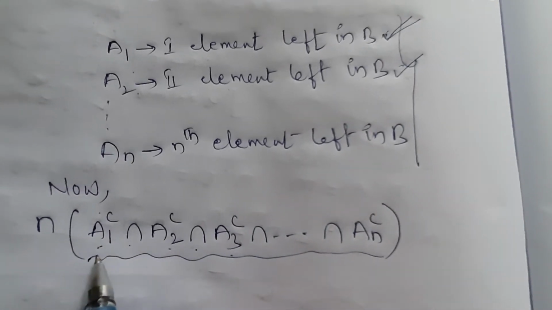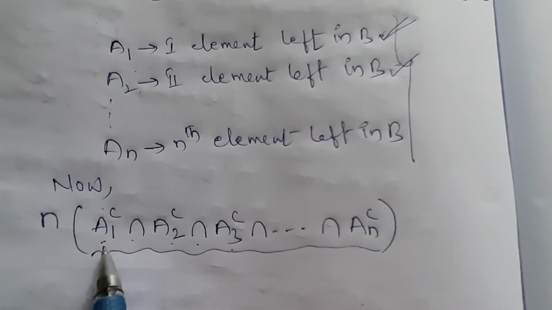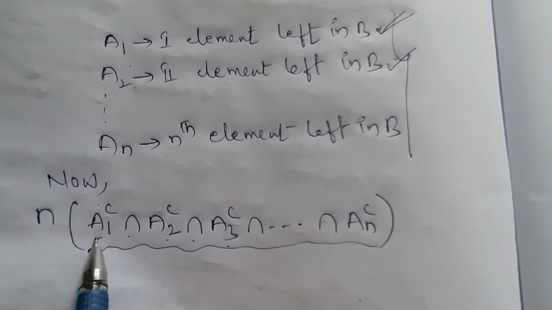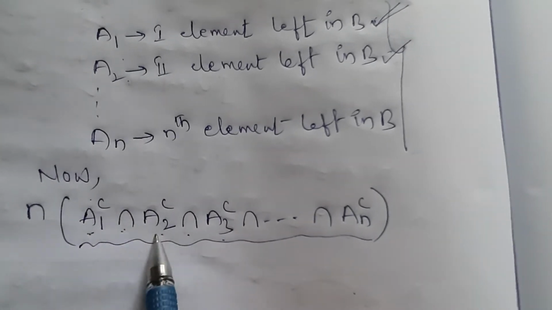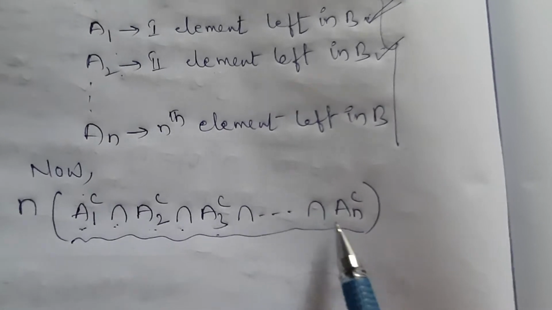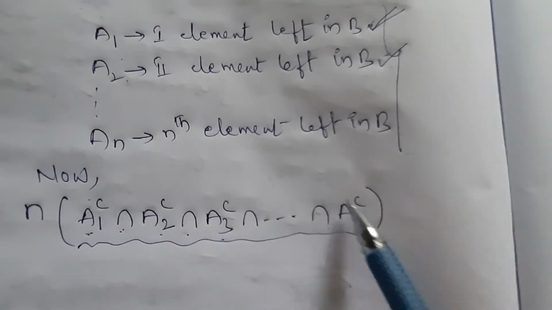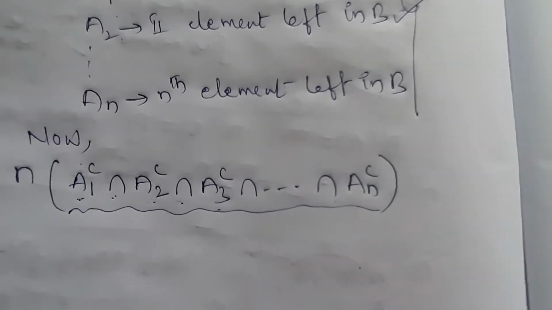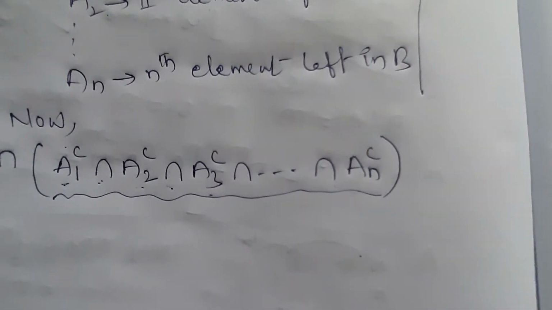For onto functions, no element is left in the set B. So A1 complement and A2 complement and so on means the first element not left, second element not left, third element not left, up to the nth element also not left. These are the selections, the elements I require. Then only will it act as an onto function.